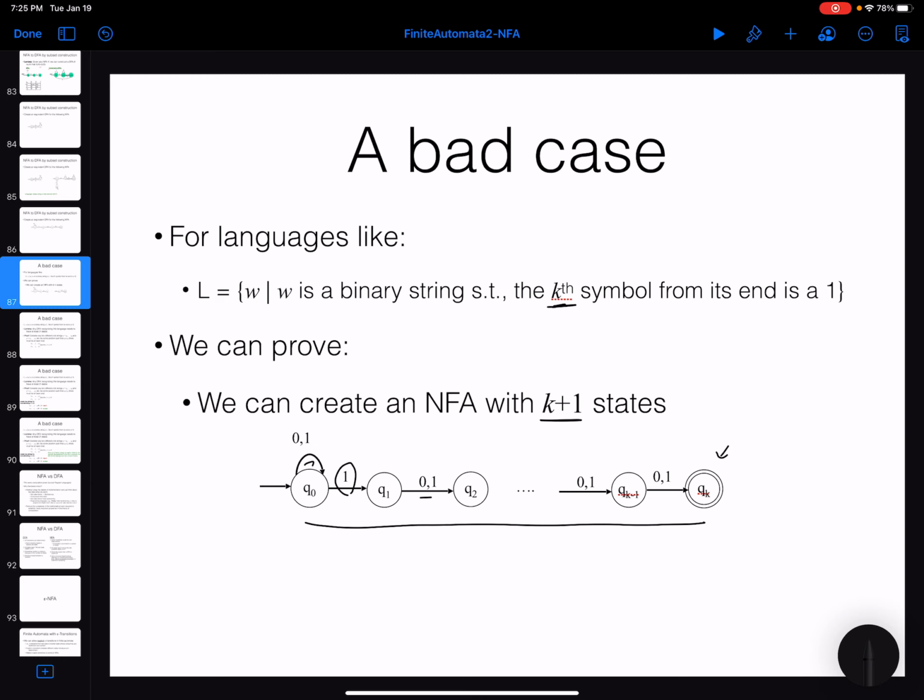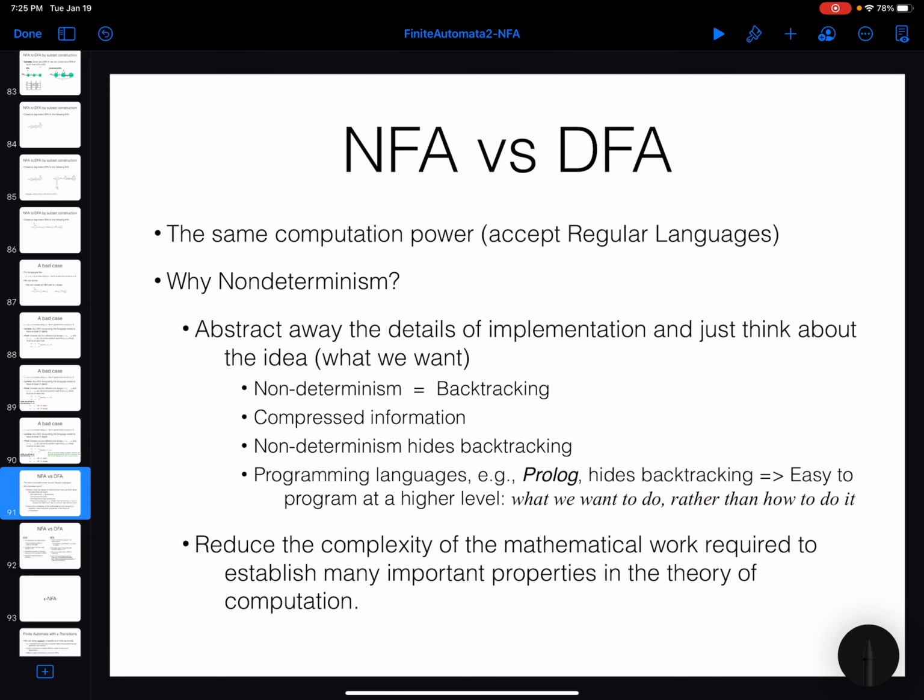I think I've explained more than enough here. Okay, so we are almost done with the discussion about the NFAs.